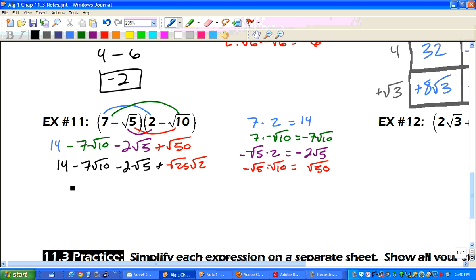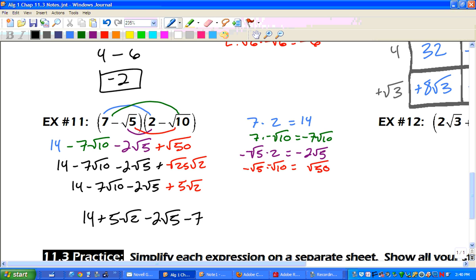So then our next step, we have 14 and that turns into 5 root 2. Okay, so now you can leave your answer like that, or you can rewrite it so that they're in order. So just make sure that all of the signs are the same. And there you go.